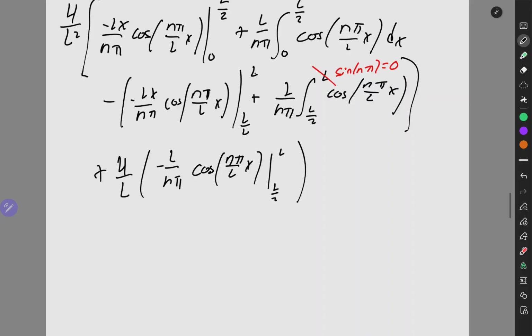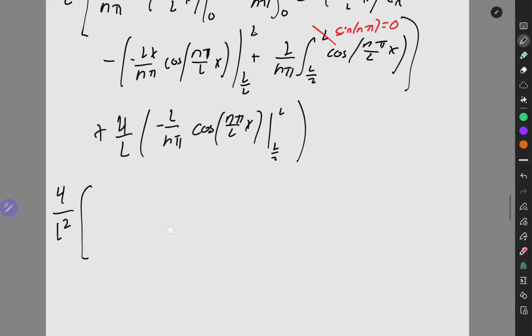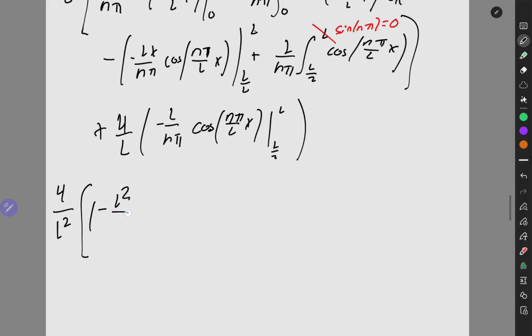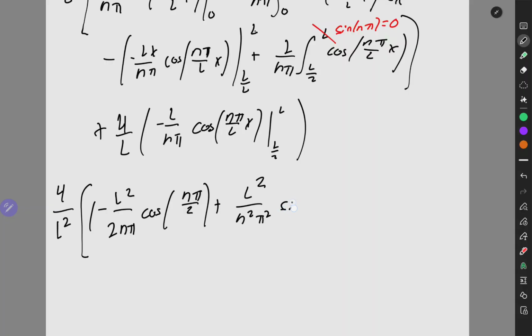So we're going to end up with 4 over L squared. Oh boy, this might be kind of a long video. I'm going to try and hurry up here. I don't want a straight copy from my notes because I sometimes make mistakes in my notes. Cosine n pi over 2 plus L squared over n squared pi squared sine n pi over 2.